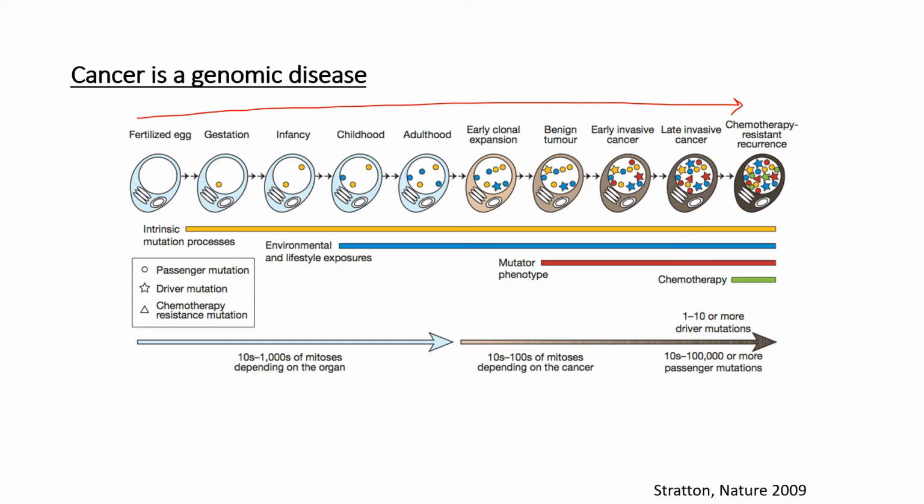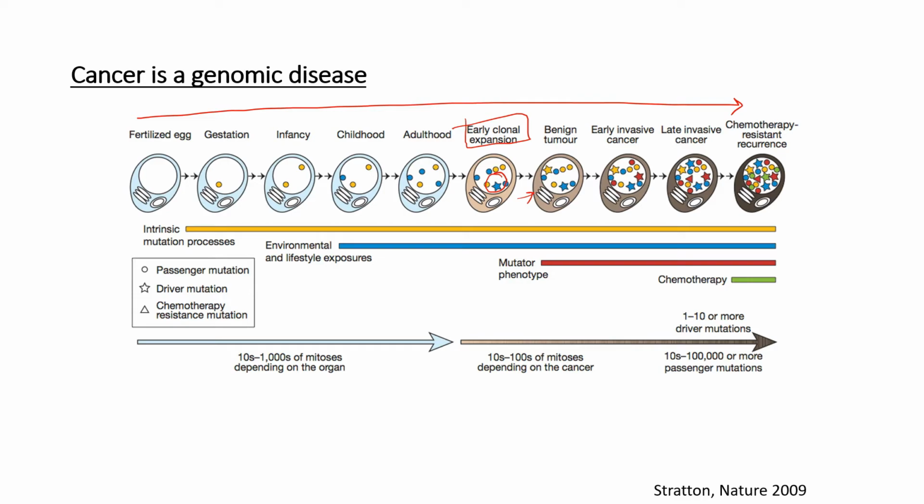So here you can see that at this point of time there was the first mutation, that is known as early clonal expansion, and this driver mutation actually generated a benign tumor, and that tumor is then the building block to initiate the cancer.